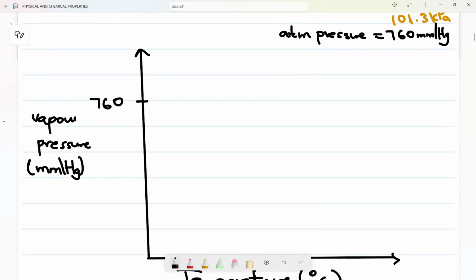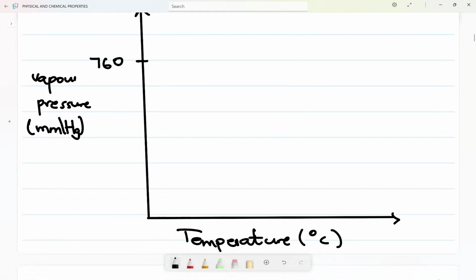Now, I want you to learn how to interpret graphs. Let's say this is 100 degrees Celsius. Let me start here. 20 maybe. 40 maybe.